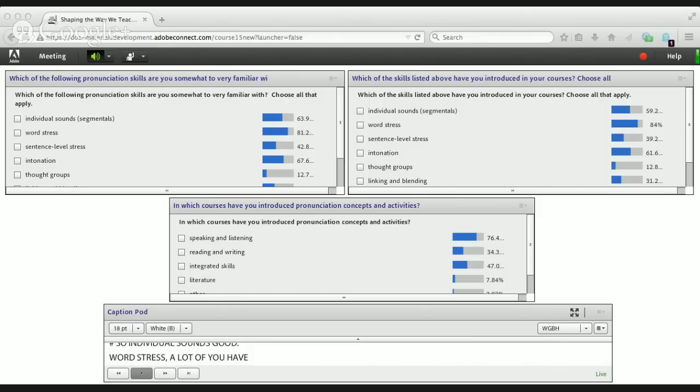Thought groups, linking and blending, rhythm, great. And then finally, in which courses have you introduced pronunciation concepts? So it's very logical and natural to do it in a speaking and listening course, but I see some of you are already doing it in your reading and writing courses. Integrated skills is also very natural. A few in literature, that's wonderful. So excellent.